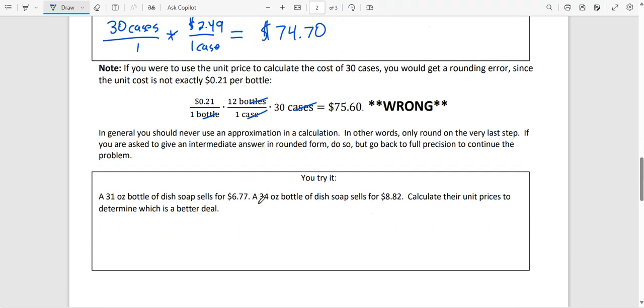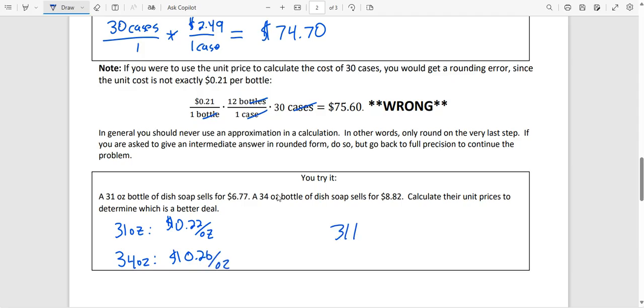Okay, your turn. Go ahead and see if you can compare and determine which one of these bottles of soap is cheaper. So the 31-ounce bottle is approximately 22 cents per ounce, and the 34-ounce bottle is approximately 26 cents per ounce.